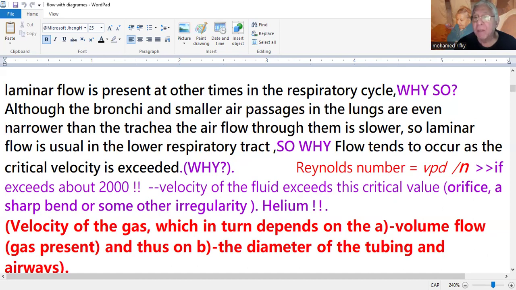Of course, there are many things that induce turbulent flow, such as coughing, the peak inspiratory flow, which is around 50 liters per minute, coughing, speaking. Also in the narrow airways, though they are narrow, they have a laminar flow because the flow is slow.